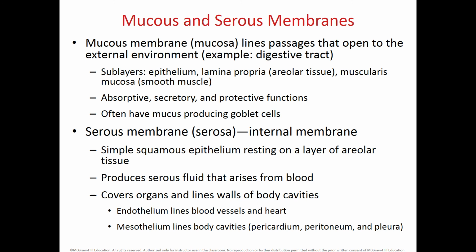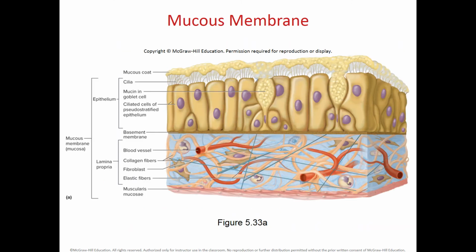Another example of serosa will be the pericardium that covers our heart, the pleuras that cover our lungs. And mesothelium will be the membrane that covers the pericardium, the abdominal cavity, and the pleuras. And endothelium will be the serosa or the lining of the blood vessels and the heart, and it's continuous.